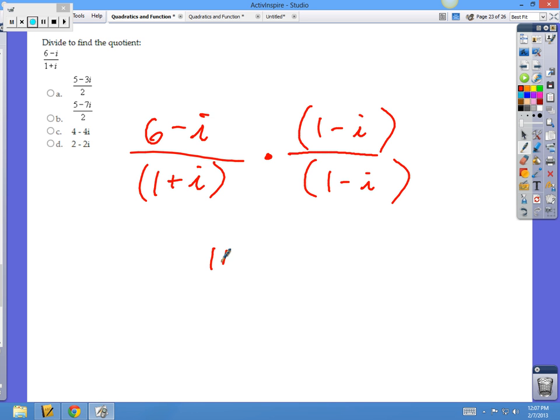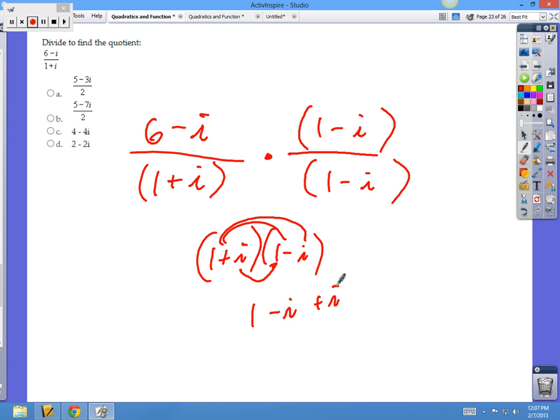So if I do 1 plus I times 1 minus I, something way cool happens. 1 times 1 is 1. 1 times a minus I is a minus I. I times 1 is a plus I. Those two zero out. But your last term, what's I times I?